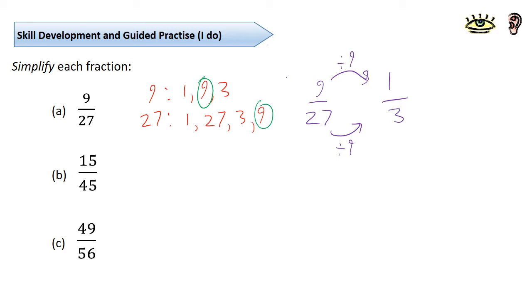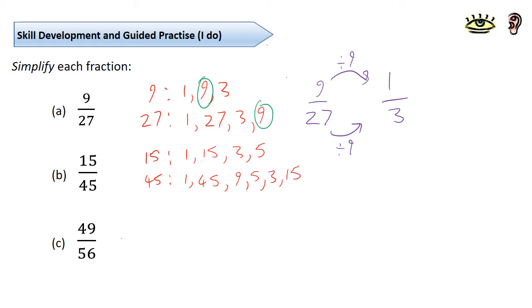Do the same thing with the next one. We've got 15 and 45. Factors of 15, 1 and 15, and 3 times 5. For 45, what do we have with that one? We've got 1 and 45, 9 and 5, and 3 and 15.